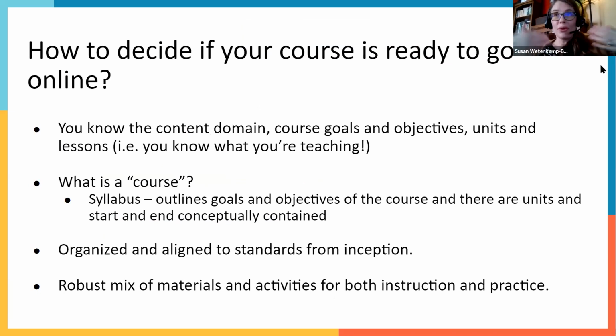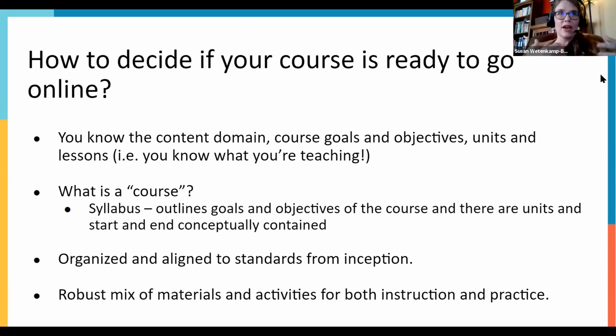So you've been working the past 6 months over the school year, teaching your students online, building out your content. How do you know if your course is ready to go online and ready to get approved for distance learning proxy hours?